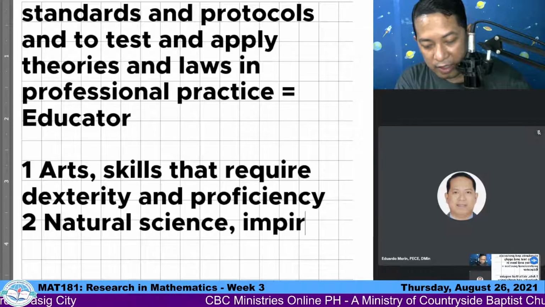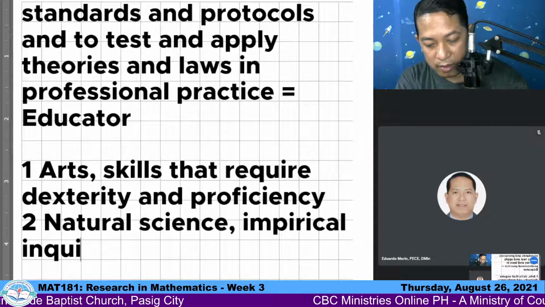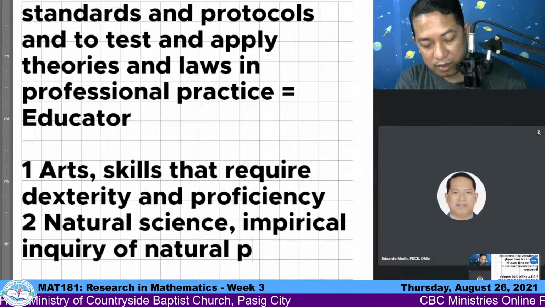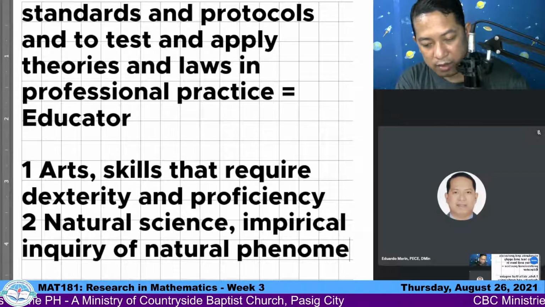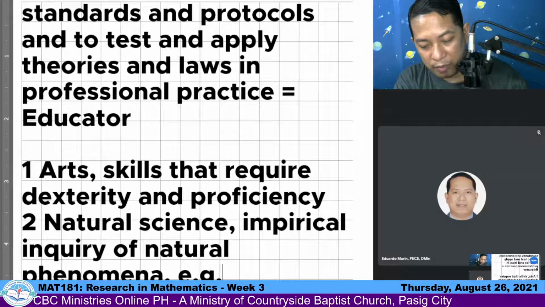perhaps empirical inquiry of natural phenomena. That would include biological life. No?